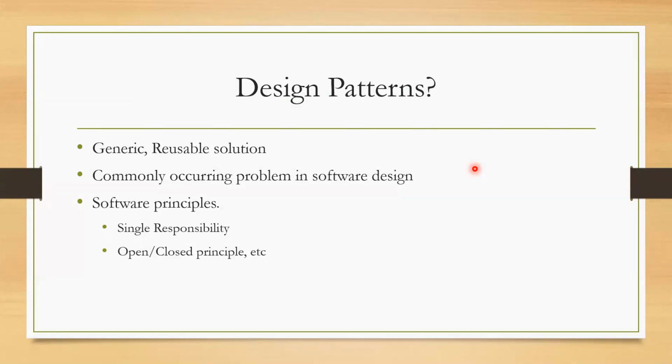It doesn't violate any software principles, like single responsibility and open-closed. There is a well-known set called the SOLID software principles, and a design pattern doesn't violate any of them. So that is why we use design patterns.